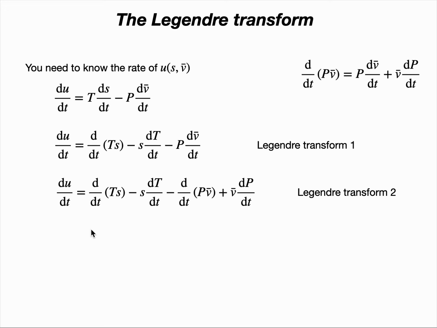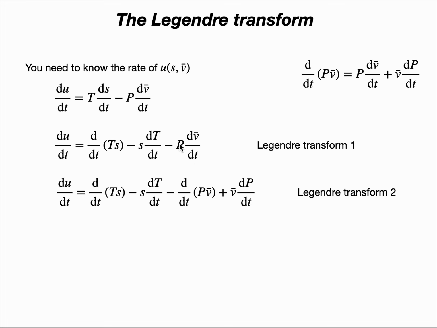So we're going to do a Legendre transform for the product PV. We are going to use the product rule of PV, which is P dV/dt plus V dP/dt. And we are going to substitute the expression of P dV/dt by d/dt of PV minus V dP/dt.